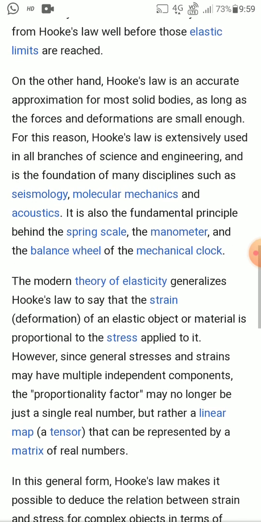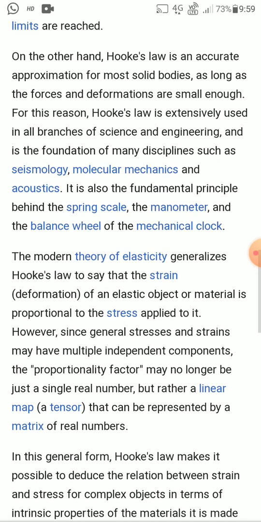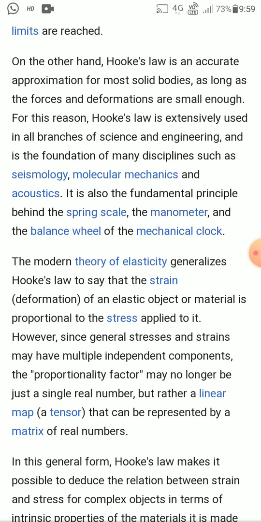The modern theory of elasticity generalizes Hooke's law to say that the strain of an elastic object or material is proportional to the stress applied to it.